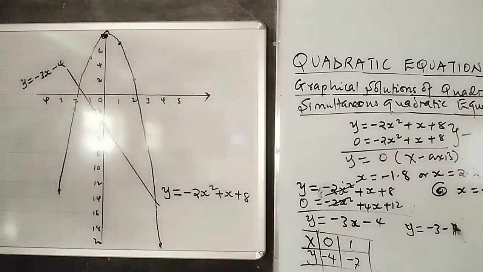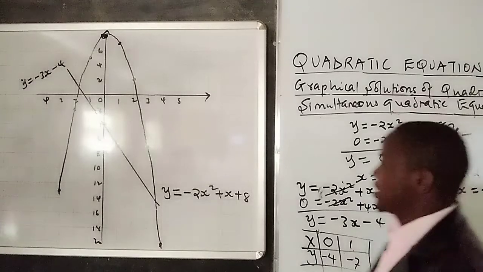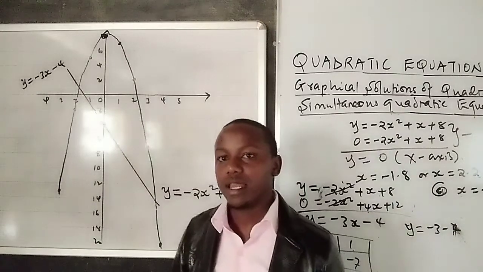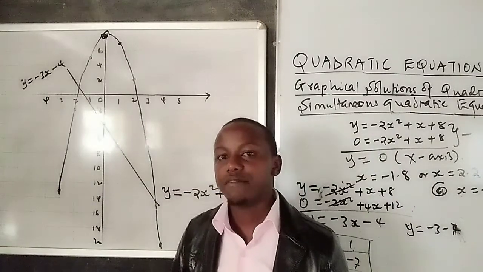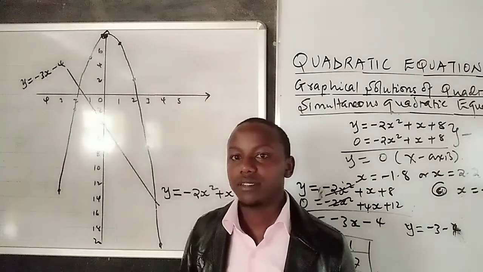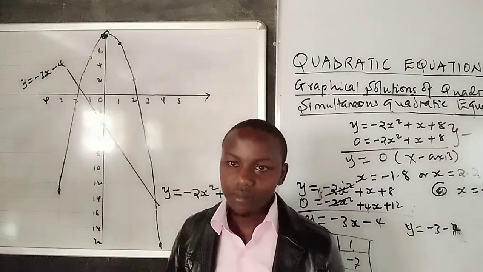So 3.5 and negative 1.7 are the points of x where the line and the curve intersect.